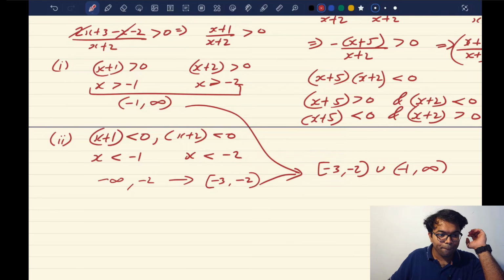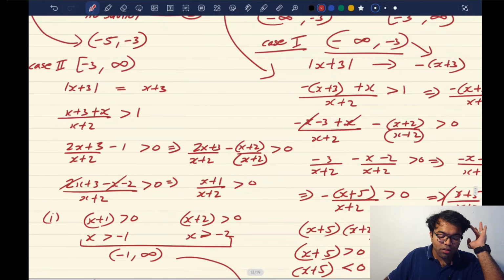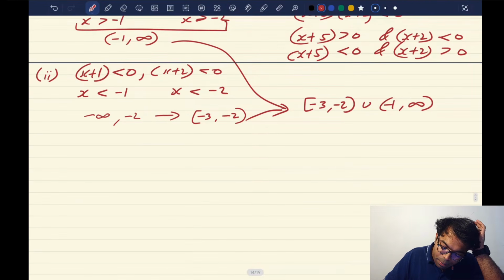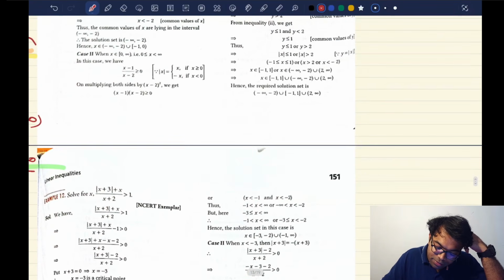Okay, and from case number 1, you have minus 5 to minus 3. So minus 5 to minus 3 union minus 3 to minus 2 union minus 1 to infinity becomes your overall answer.